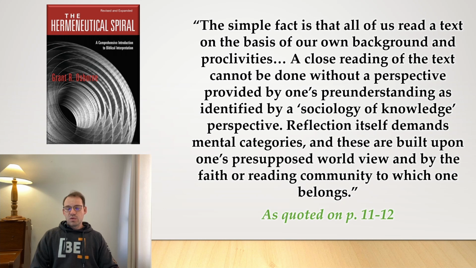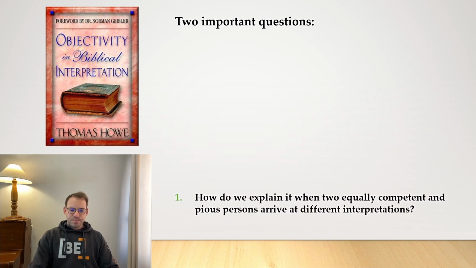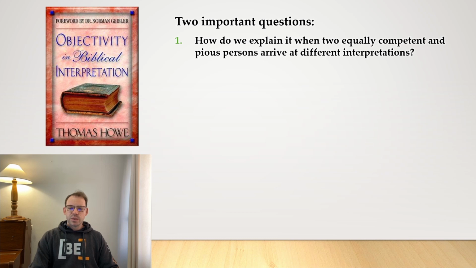Some would also apply this to reality itself, that we can't really interpret reality for what it really is because of these backgrounds, these worldviews that we already have. And so this is the idea then. Now, two important questions at this point that are raised are the following. How do we explain it when two equally competent and pious persons arrive at different interpretations?